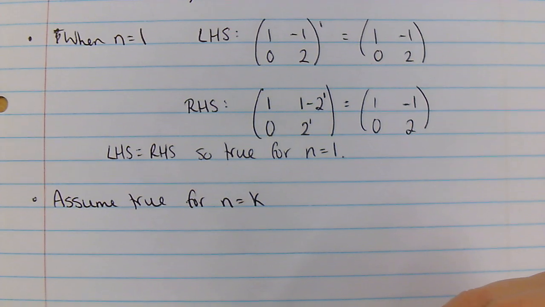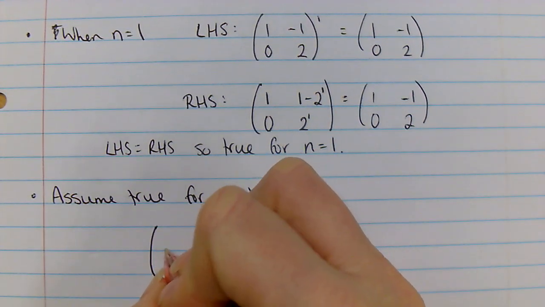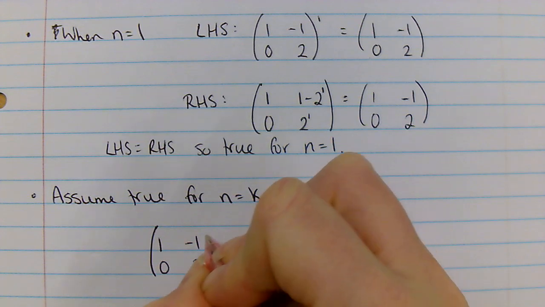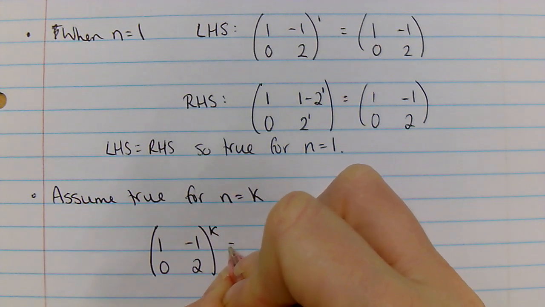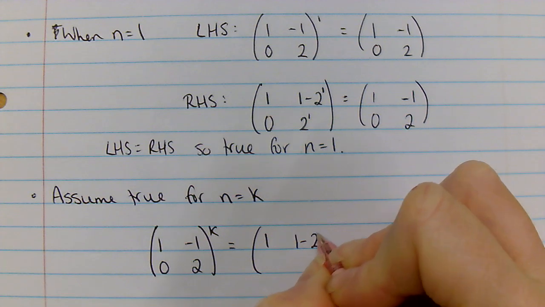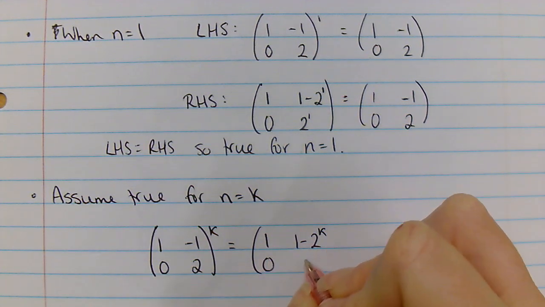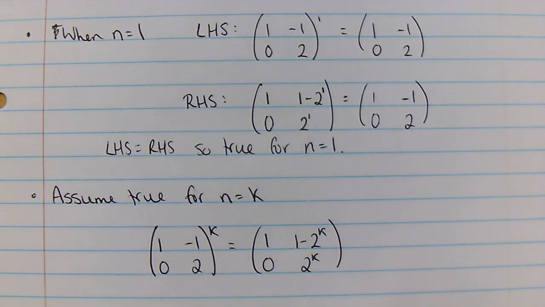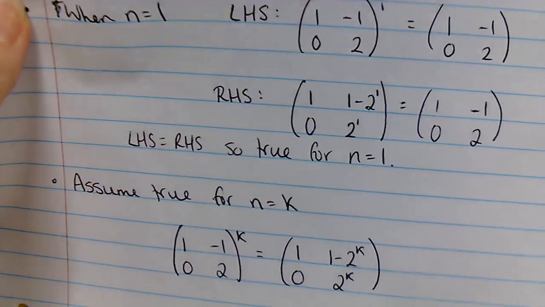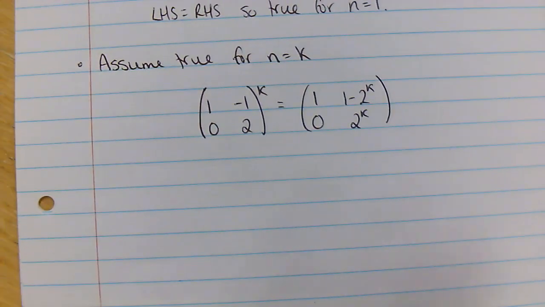So we've got (1, -1; 0, 2) to the power of k equals (1, 1 minus 2 to the power of k; 0, 2 to the power of k). Okay, so that's our assumption. Assume it's true for n equals k. And then the next step is always the same. It's when n equals k plus 1.